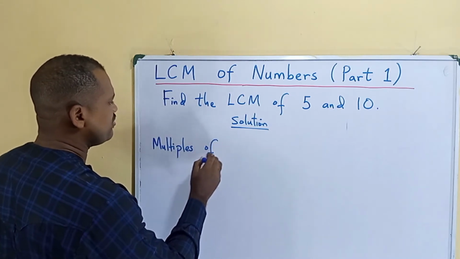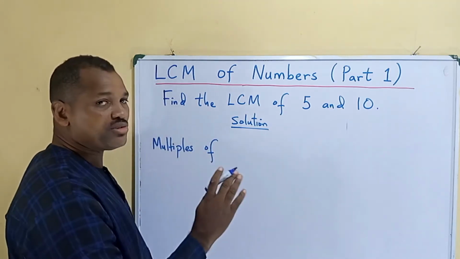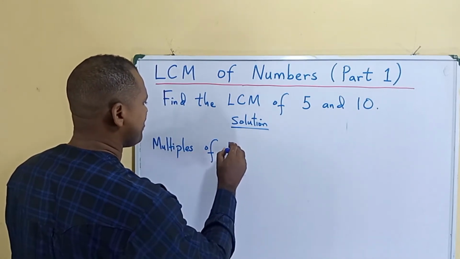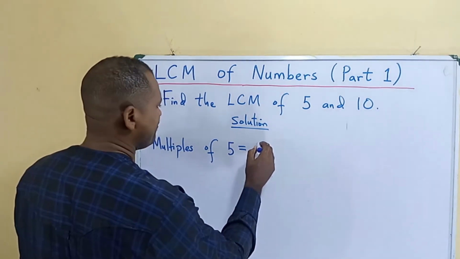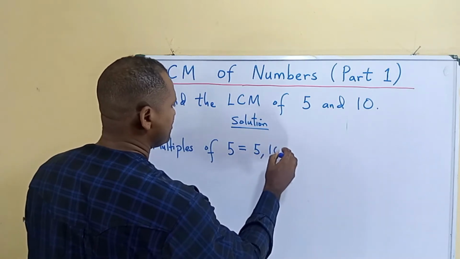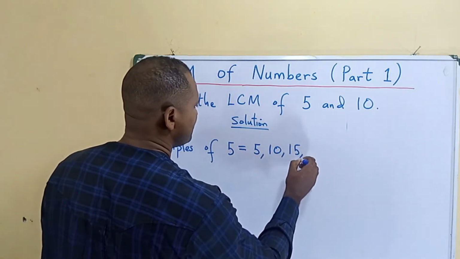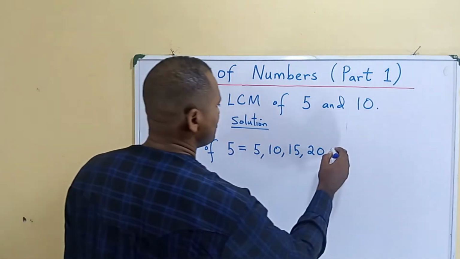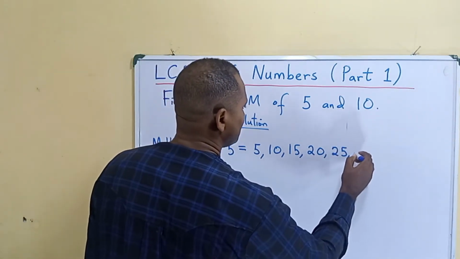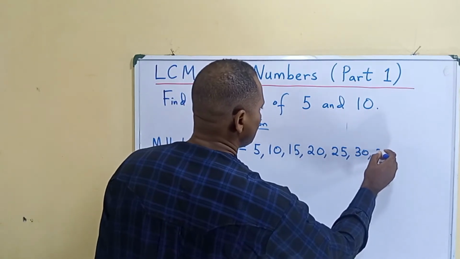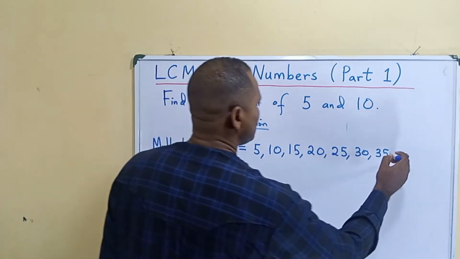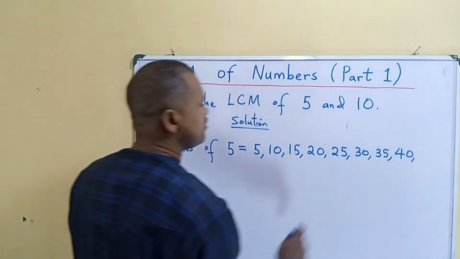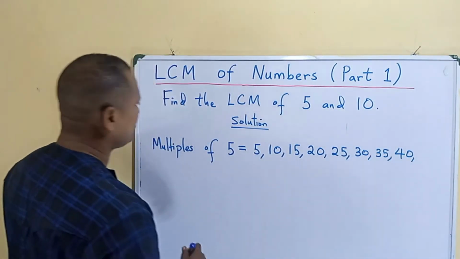We have treated multiples in our previous videos. Multiples of 5. We have 5, 10, 15, 20, 25, 30, 35, 40, the list continues.